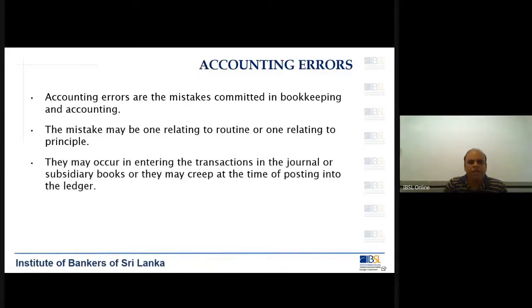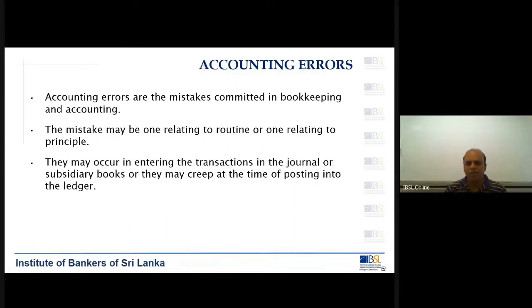They may occur in entering the transactions in the journal or subsidiary books, or they may creep in at the time of posting into the ledger. So now we are talking about when these errors can creep into our accounting. One is at the time of entering the transactions in the journal.